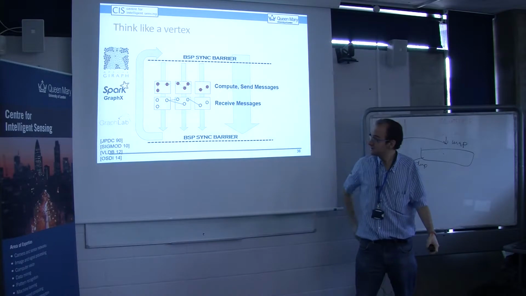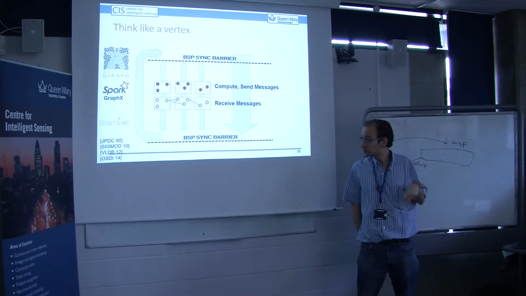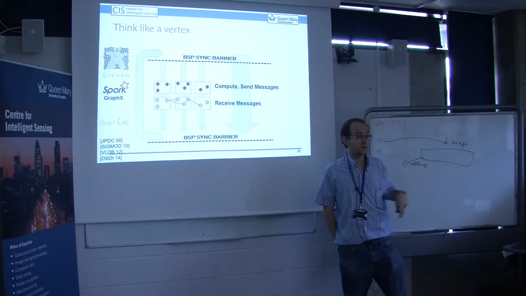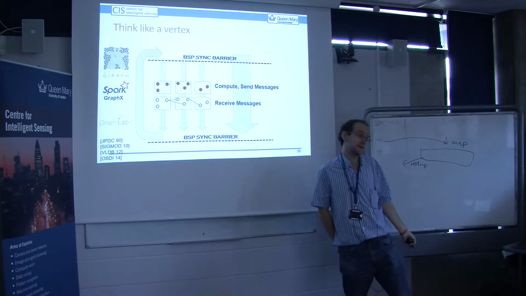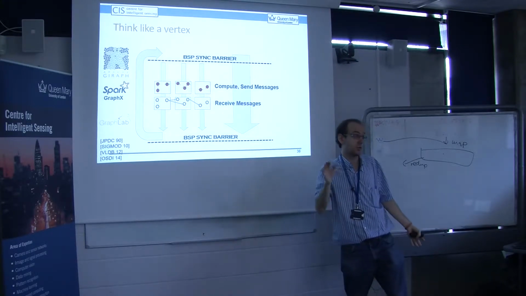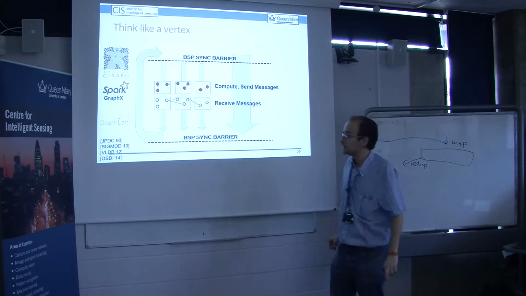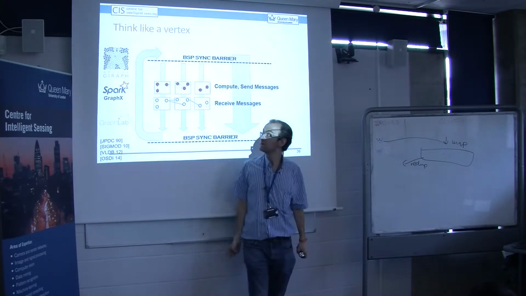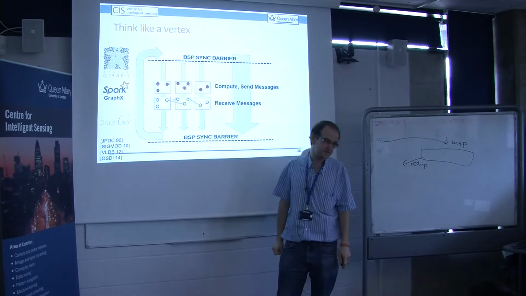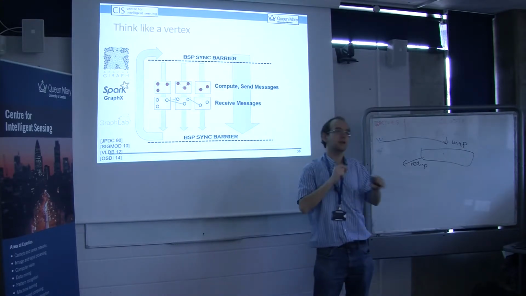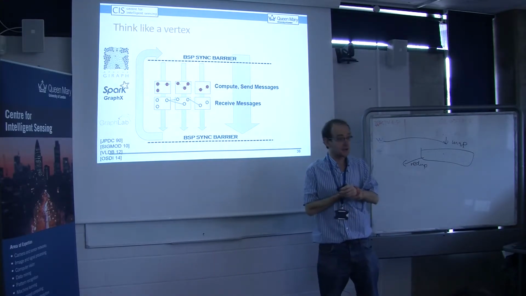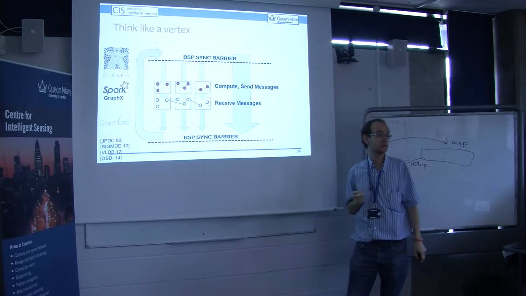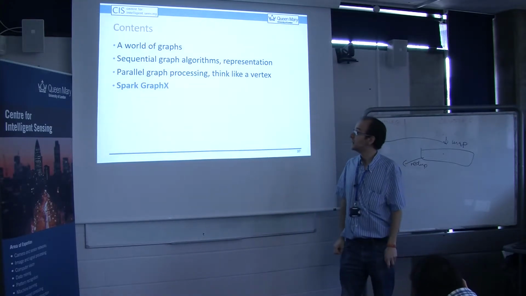But these days it is really the most popular general purpose graph processing system that is being used when you need to process large graphs. I should also comment on GraphLab, which appeared a few years before GraphX, but it's also another independent project that provides a similar computing model to this Pregel idea.